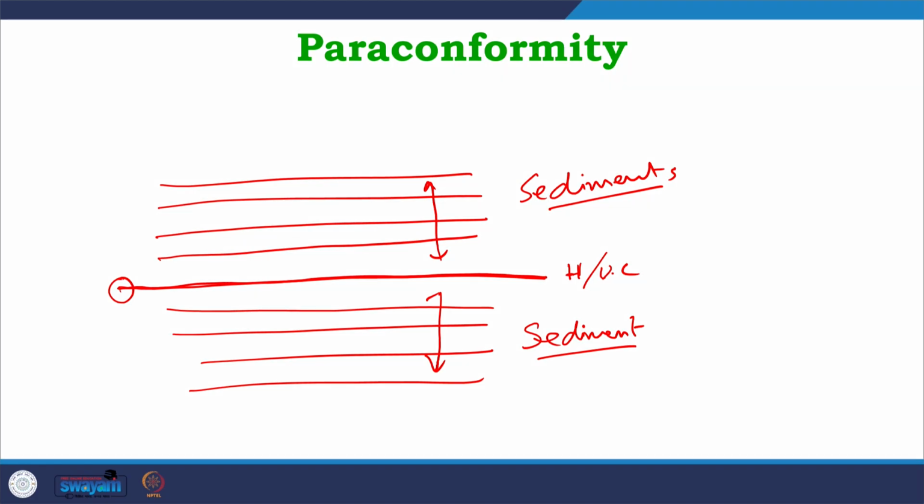The third type of unconformity is called as angular unconformity, which is the most common type of unconformity and which can be very easily identified in the rock record. So, it is commonly associated with hiatus, along with that erosion, and commonly associated with some tilt before that phase of erosion or hiatus.